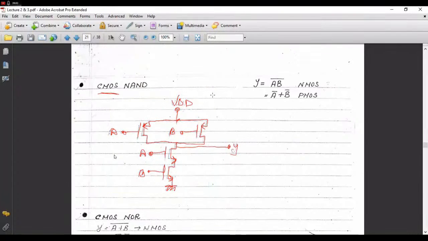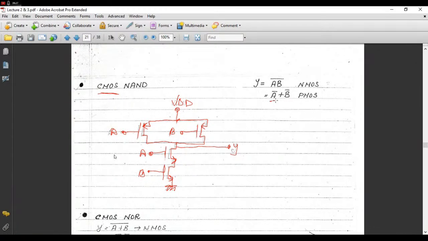All right, look over here. First of all, I told you what? The PMOS will be on top of NMOS in a CMOS configuration. So this is the equation of a NAND gate, AB whole bar. After De Morgan's theorem, the equation becomes A bar plus B bar.